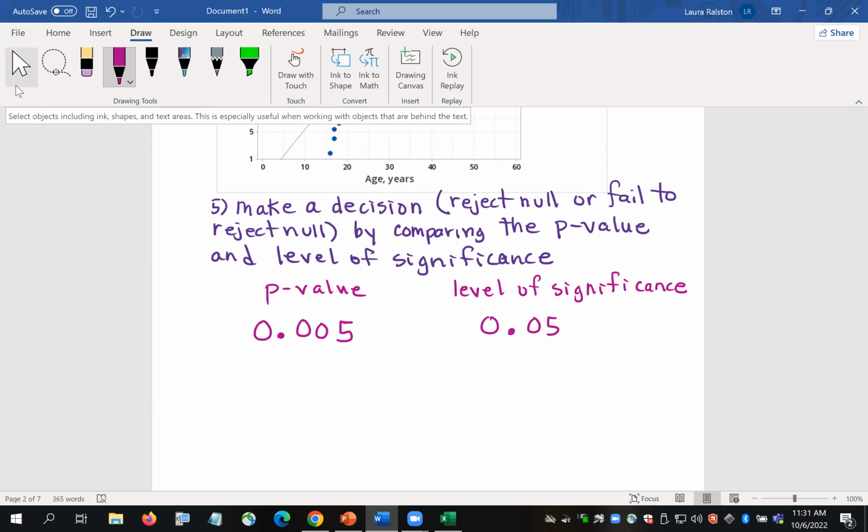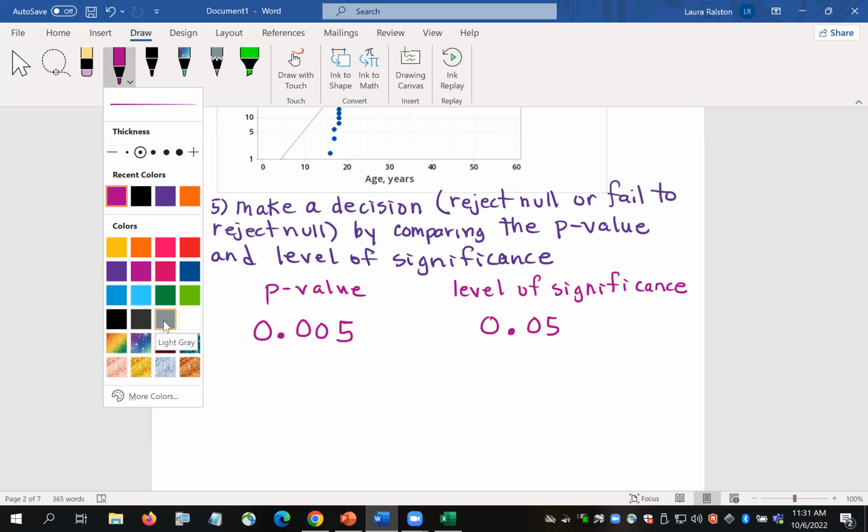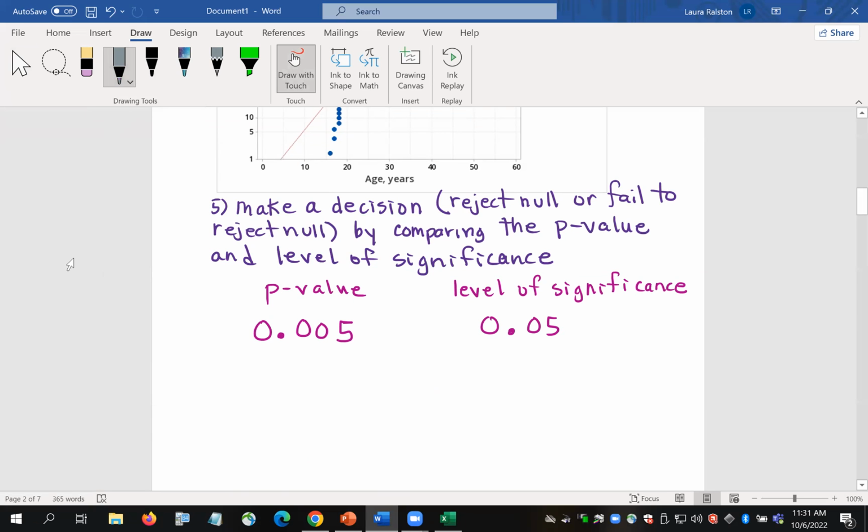Now, for whatever reason, from my experience, students struggle with comparing these decimals. I do not know why. The easiest way to compare them is to do it one digit at a time. If I look at the first digit after the decimal in both values, I have a 0, so there's not really a way to compare it.